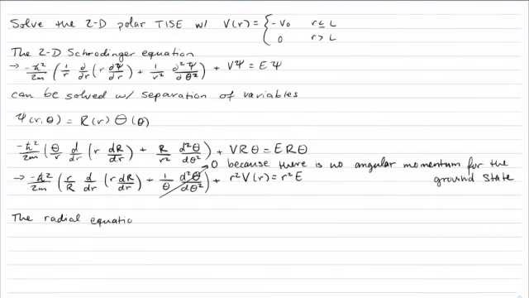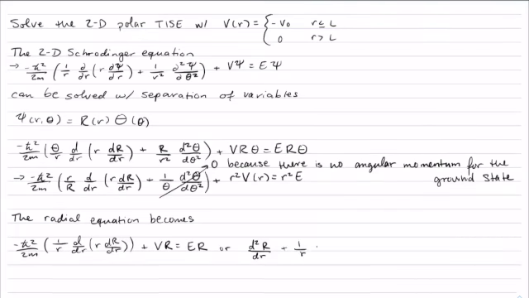with the radial equation. And that will end up being minus h bar squared over 2m times 1 over r times d dr of r dr dr plus the potential times r is equal to the energy times r. And reworking that, we end up with a differential equation in a very specific form that ends up becoming the Bessel functions.